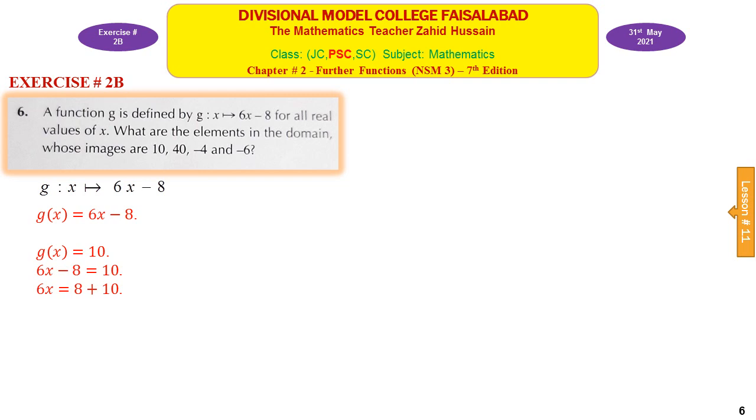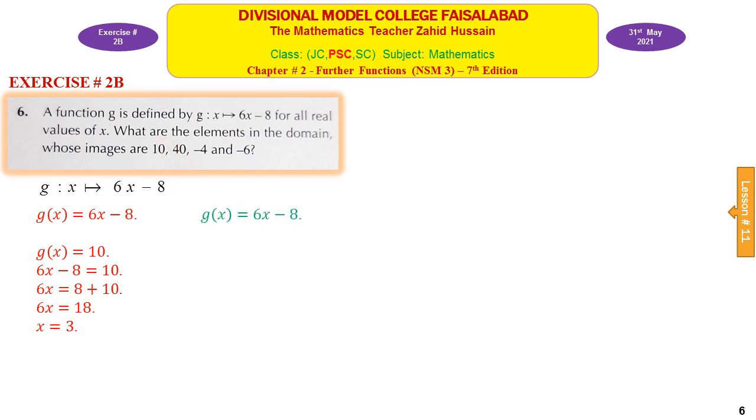6x is equal to 8 plus 10. 6x is equal to 18 and x is equal to 3. So if we put x is equal to 3 in this equation, we will get 10. 6 3s are 18, 18 minus 8 is 10. Similarly, what is the value of x which we put in this equation to get 40?